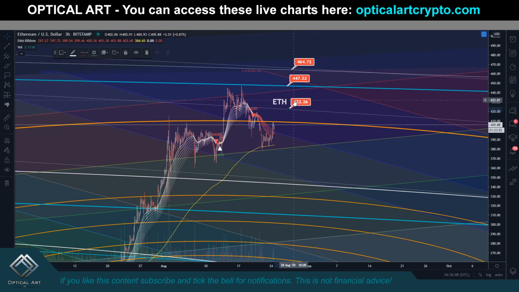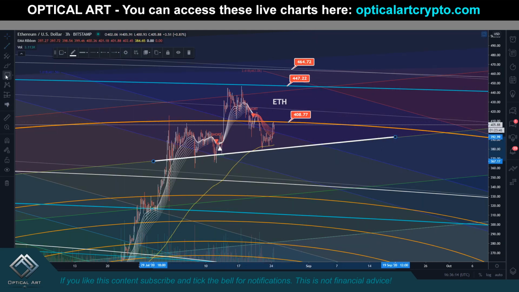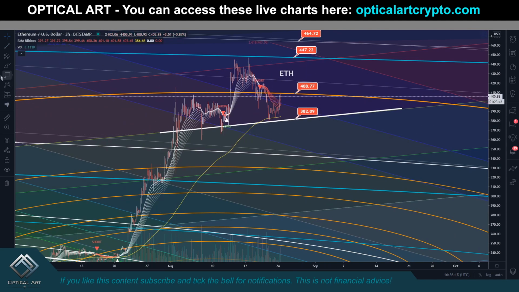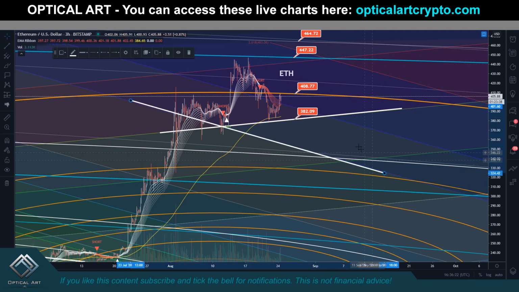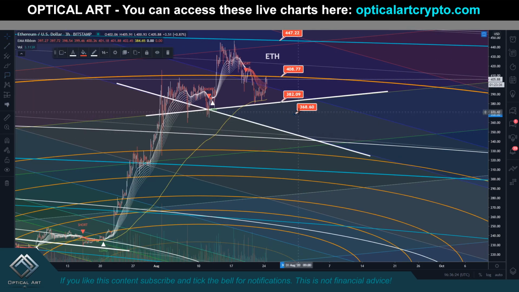Your current resistance is this orange ring right here at $408. Your support below is right here at $382. Your next support level will be not only this fib channel line here, but this white ring. So if we have a drop, further out to the right, a potential support level is $343.